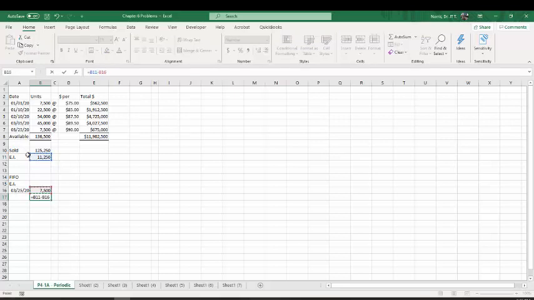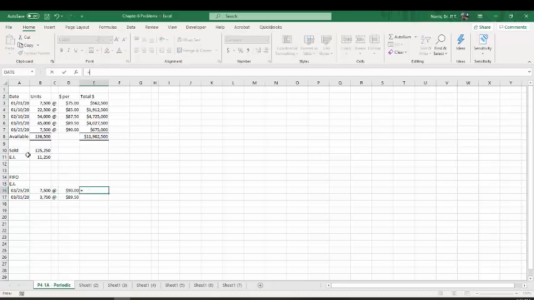We've just identified 7,500 of them, and those all cost us $90 a piece. So what is left is 3,750, and that came from the batch that we bought on March the 5th.